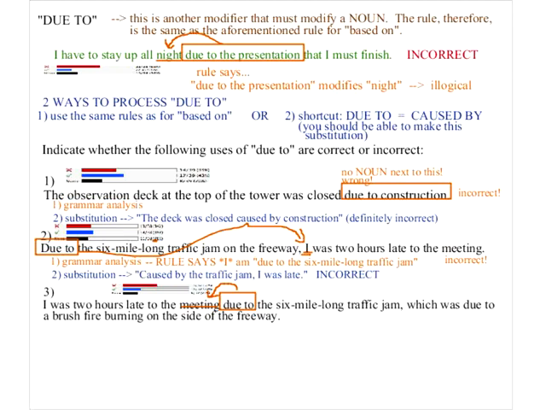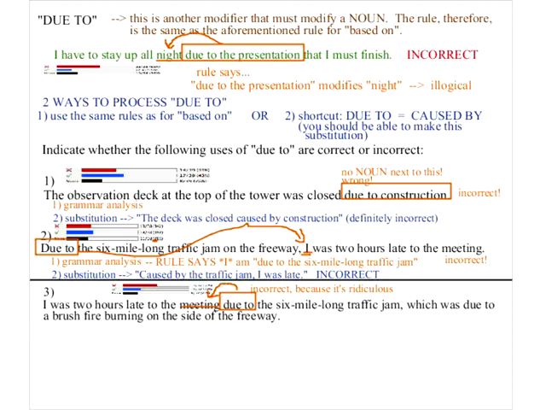Again, let me emphasize there's not a grammar error here. There's nothing wrong with the grammar of this. It's just ridiculous because it's saying that there was a meeting that was brought about by a traffic jam, which just doesn't make any sense.